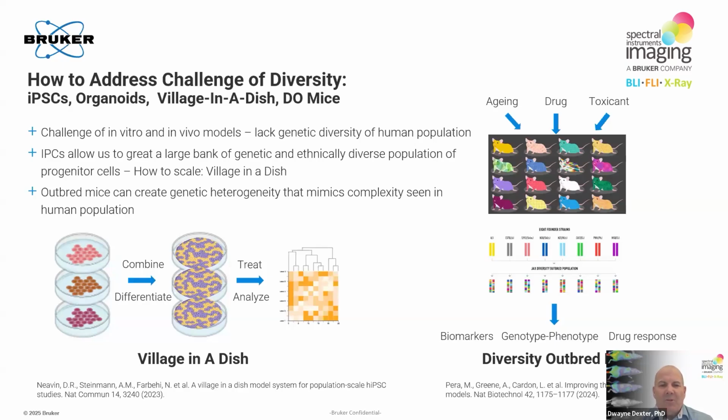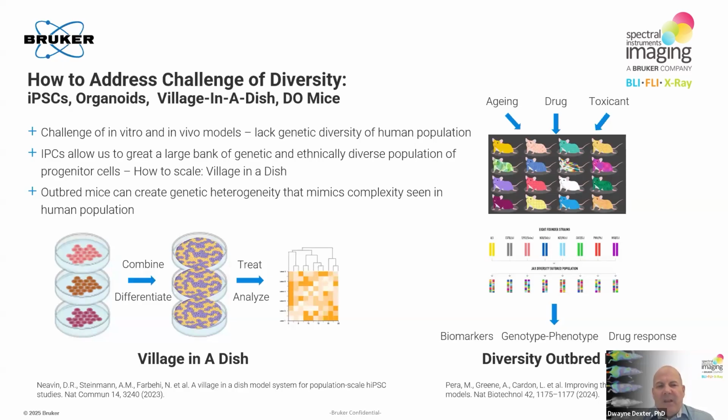and use a brute force approach to study these and screen these. That's one way. Another clever way is village in a dish. If you're not familiar with that, I point you to the paper from Joseph Powell's group here, where you take advantage of iPSC methodologies, and I suspect you could probably do organoids in this approach as well.